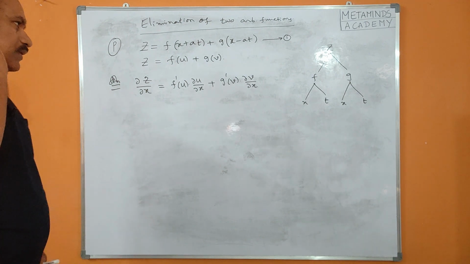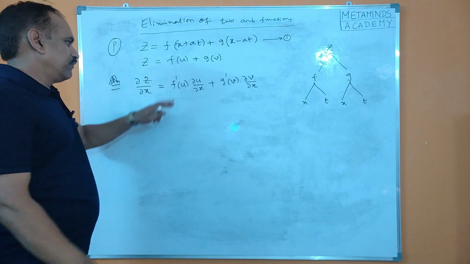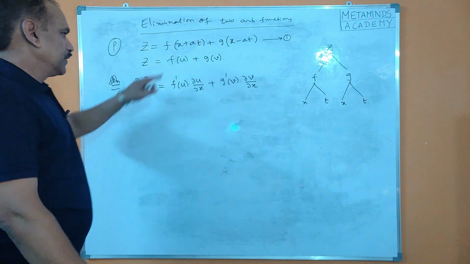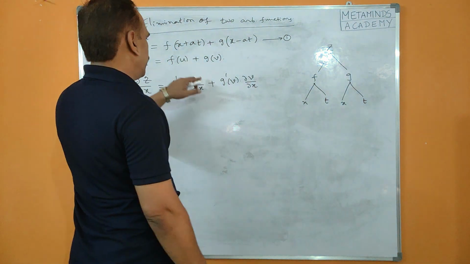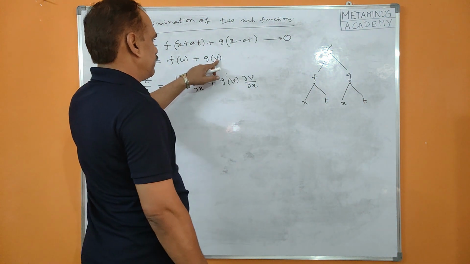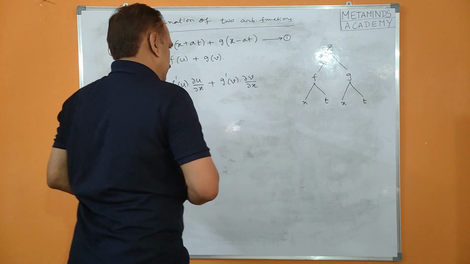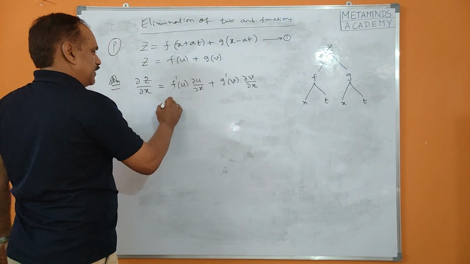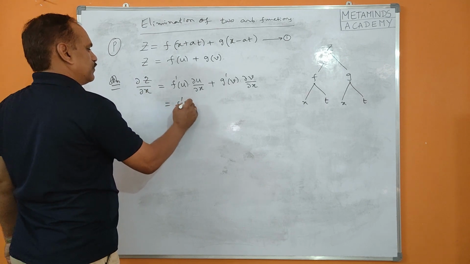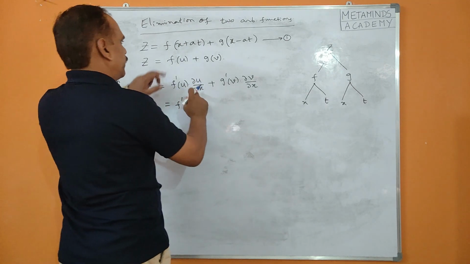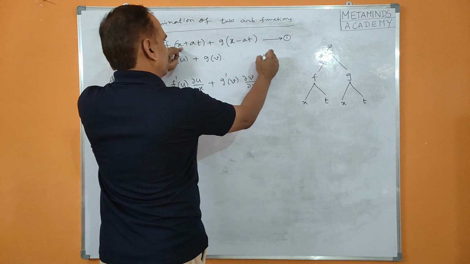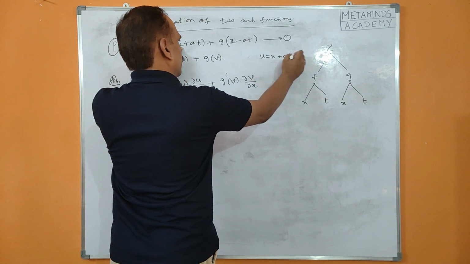Right? See, f dash u into dou u by dou x, inner derivative of u. Here the inner function is v, so dou v by dou x. That's it. So which is f dash u. What is dou u by dou x? This is u. U is x plus at.